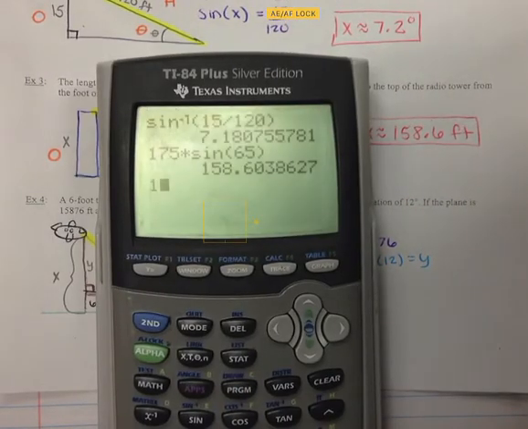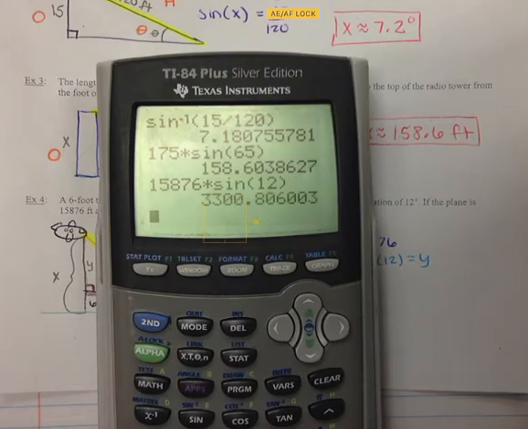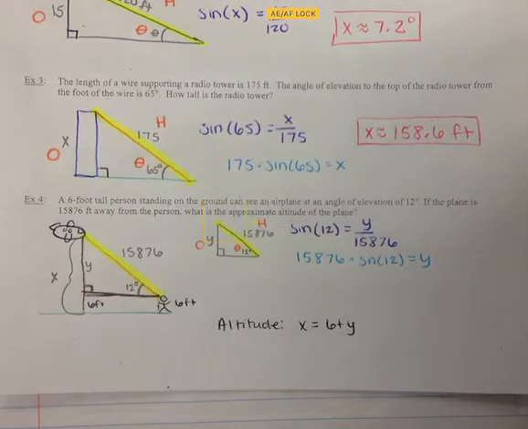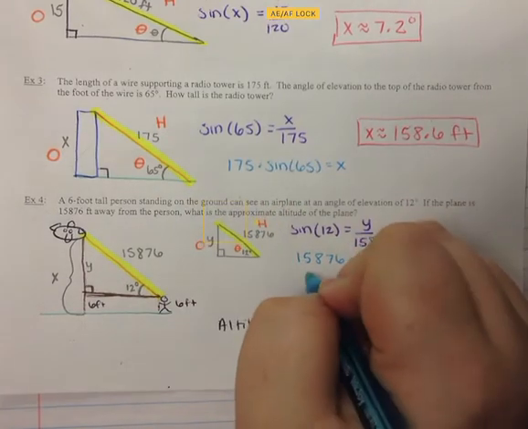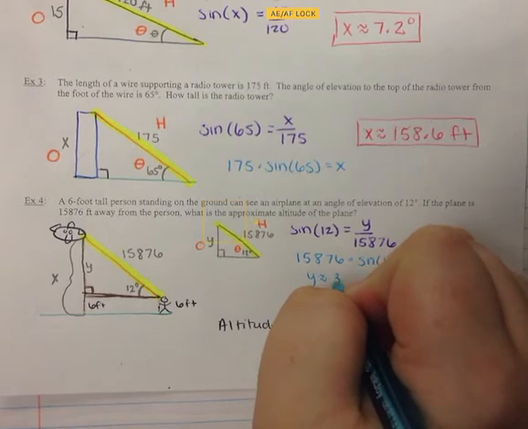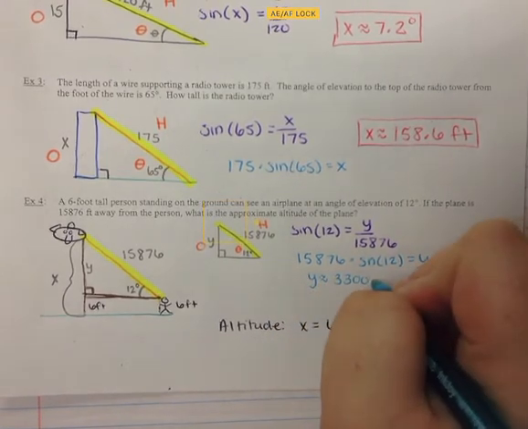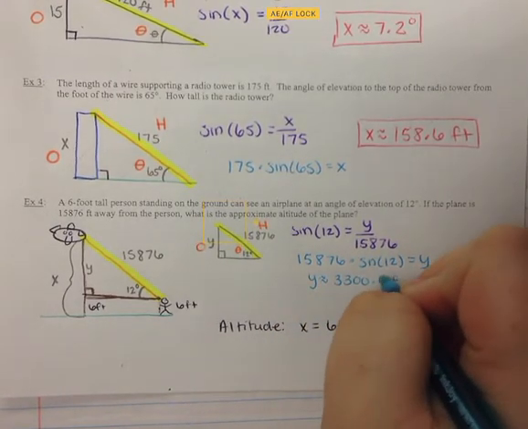So we have 15,876 times sine of 12 degrees is roughly 3,308 and 8 tenths feet. So I'm going to put that y is approximately 3,308 and 8 tenths feet.